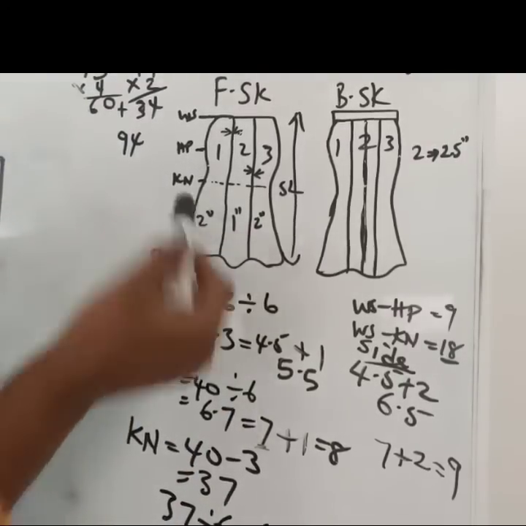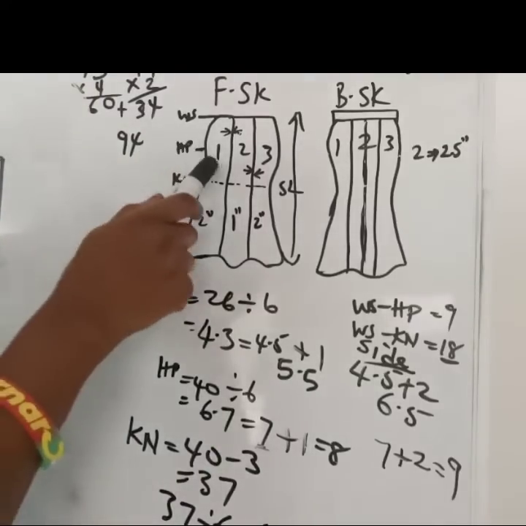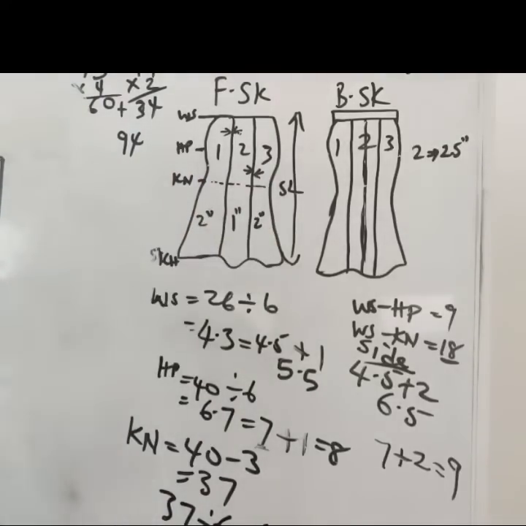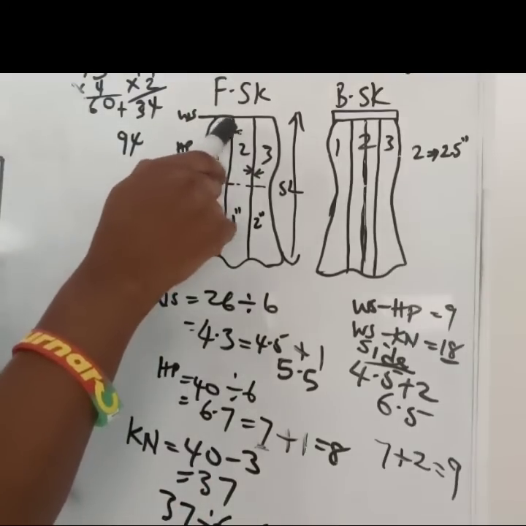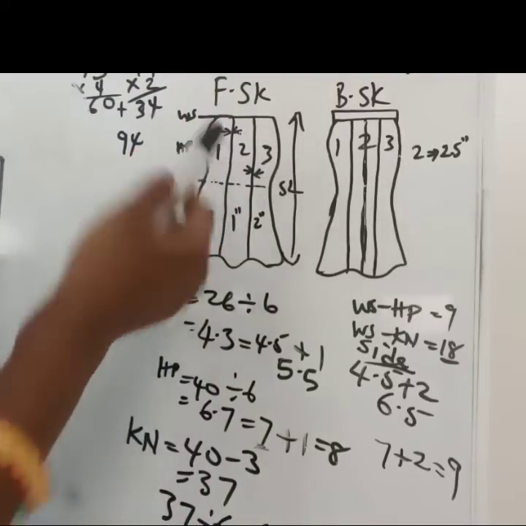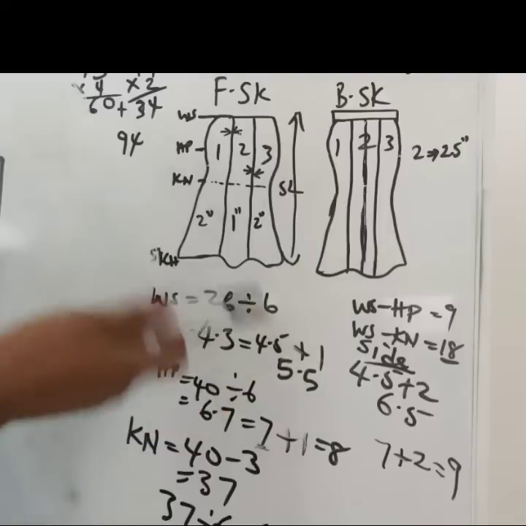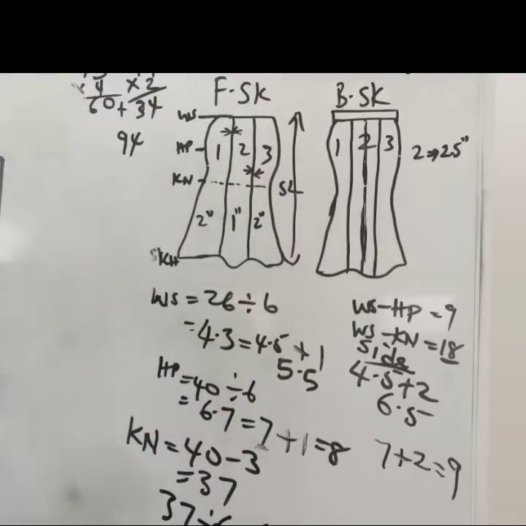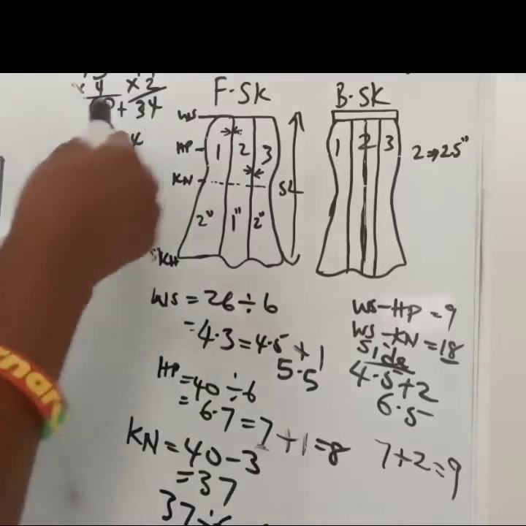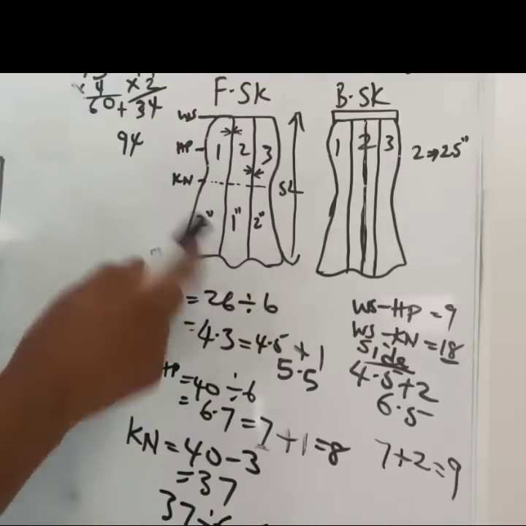But for the side, we said the side panels, either 1 or 3, they work the same way. We need ½ inch to join to this number 2. If you are going to be turning with a lining, we need ½ inch, and then we also need the side seam, and so we concluded that we add 2 inches.